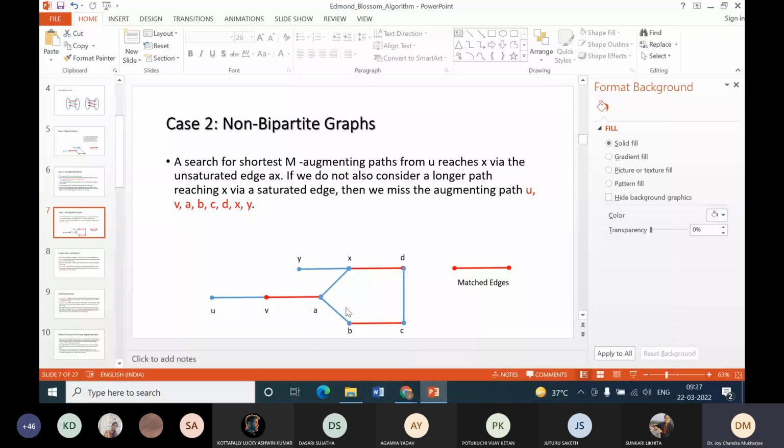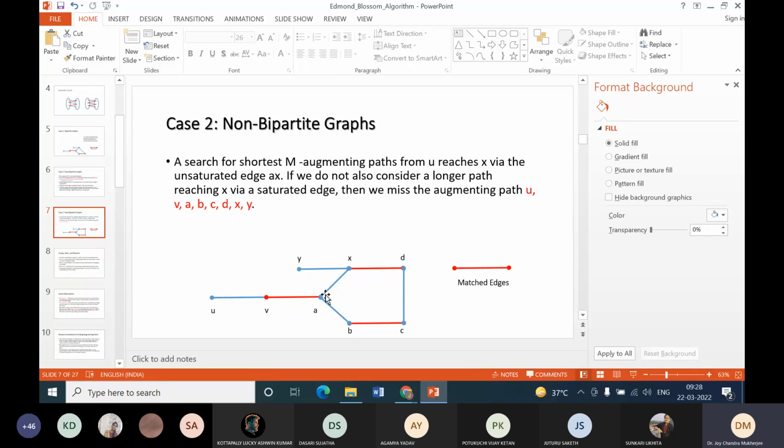Then every vertex on the odd cycle except the one through which you entered can be reached through a saturated edge.